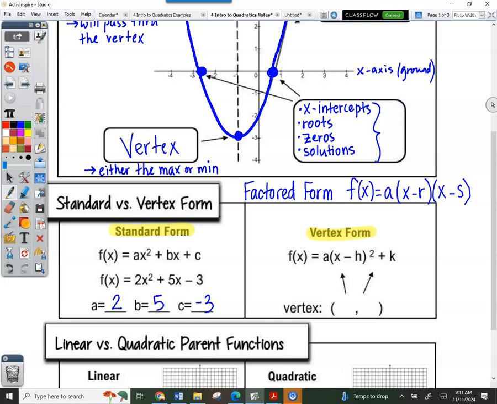If it were in vertex form, it would be right here as H and K. The vertex is, I want you to put an asterisk, H and K. The reason we're putting an asterisk is because there is a sign change. And it's because there's a minus sign in vertex form.